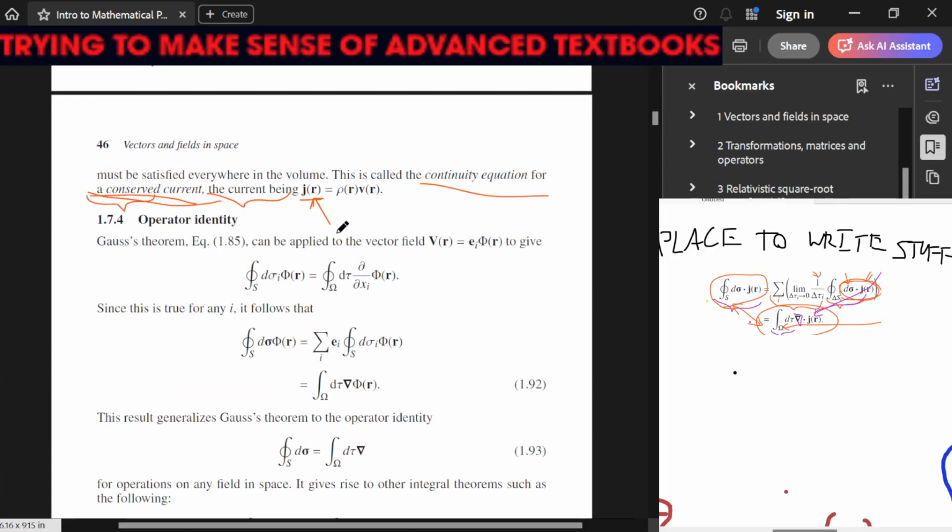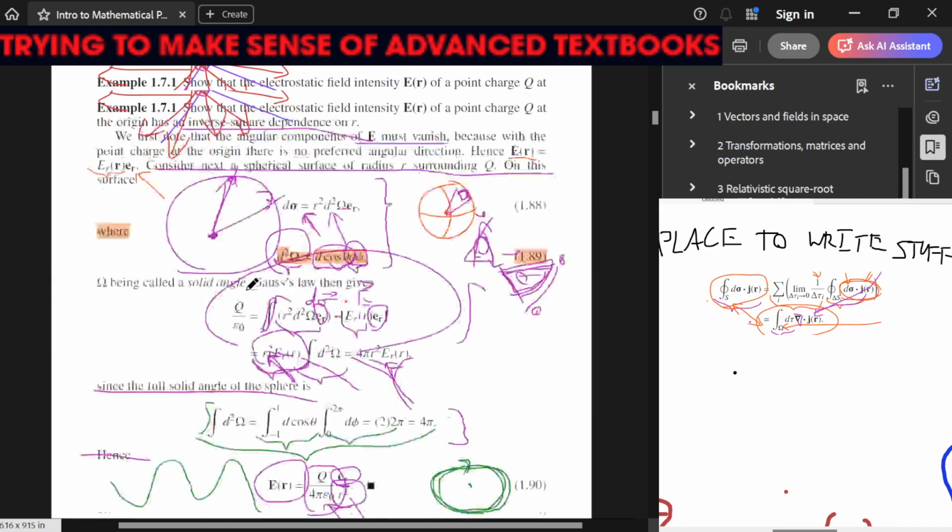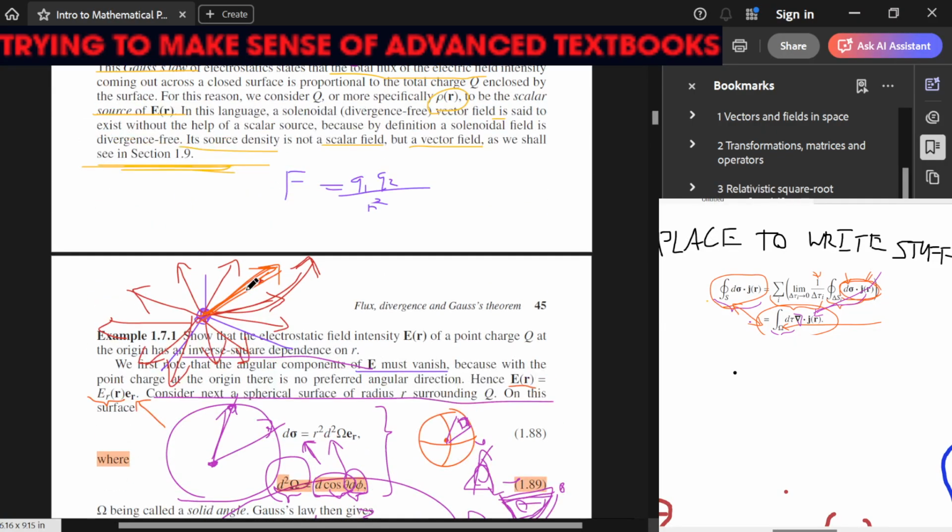Okay, this one might be really tough. This is just theory, integral and differential theory, I assume. Gauss's theorem, 1.85, can be applied to the vector field VR to give... What is Gauss's theorem?